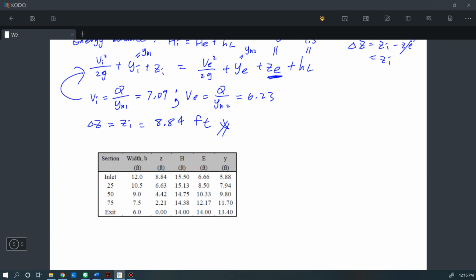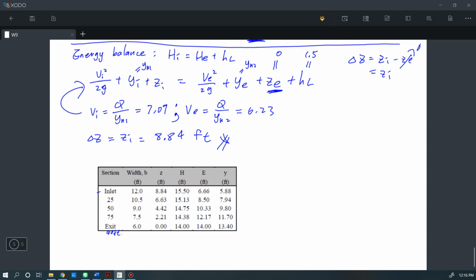To do that, we can write down a table as I show here, and let's just find some points along this transition section. So here we have the inlet, and we have different distances from the inlet, 25, 50, 75, and finally the axis is the 100 feet point.